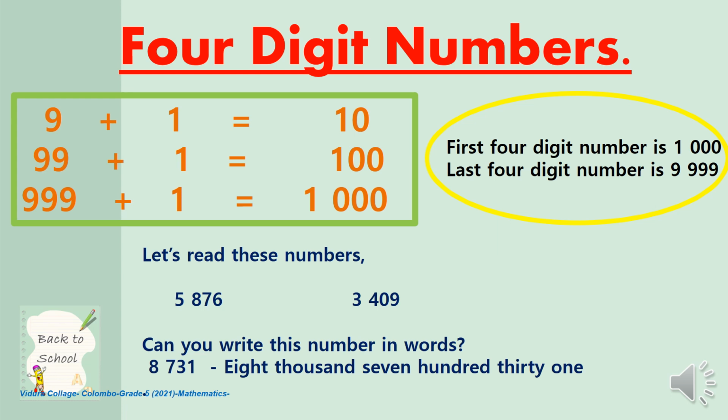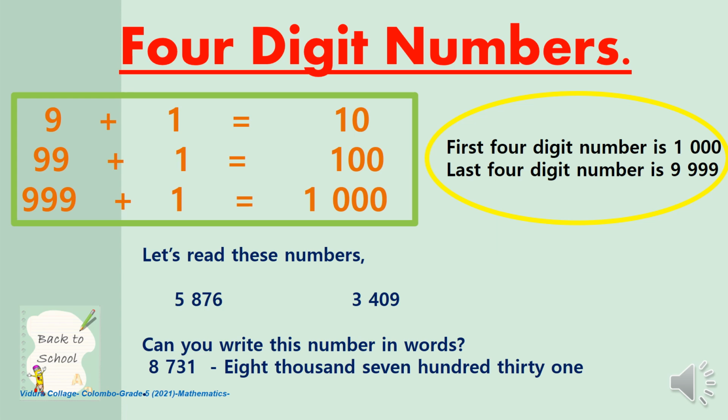Now we are going to learn about 4-digit numbers, numbers with 4 digits. So kids, you know the last digit is 9. When you add 1 to 9, you get the first 2-digit number, which is 10. 99 is the last 2-digit number. Plus 1, you get the first 3-digit number, 100.